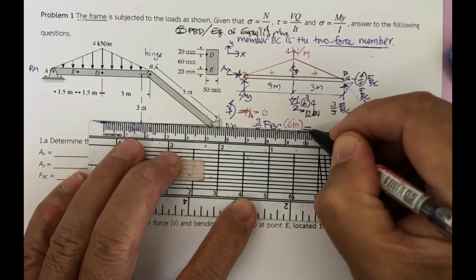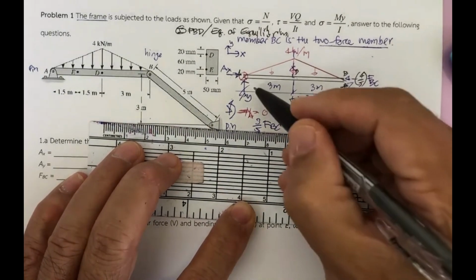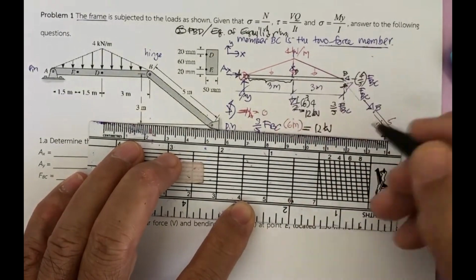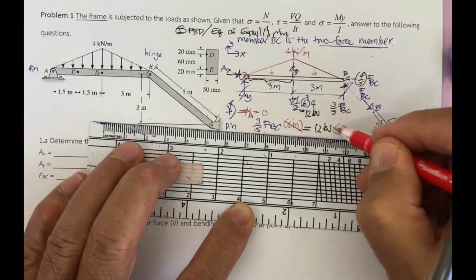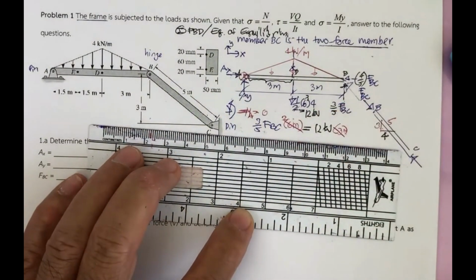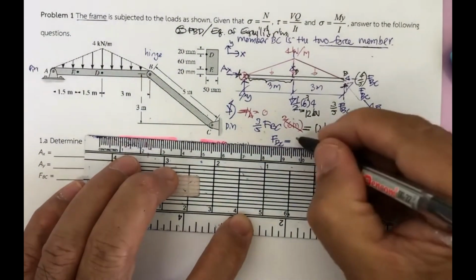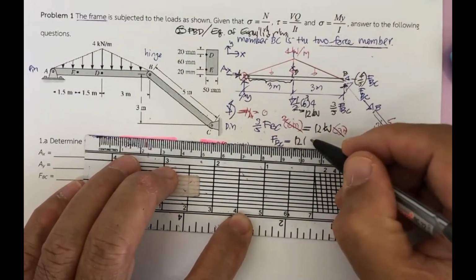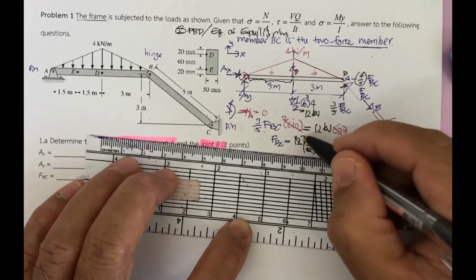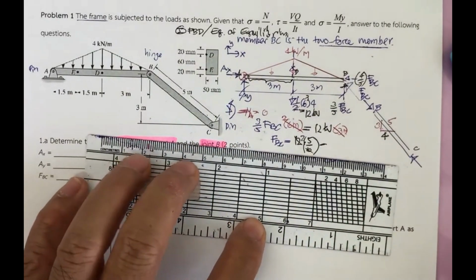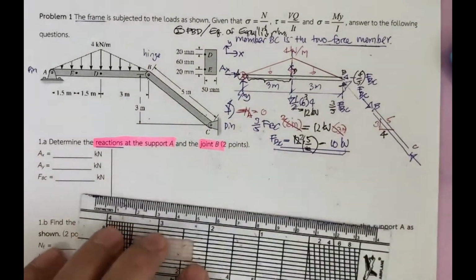And this 12 kilonewton is 3 meter from point A, so it's going to be times 3 meter. So this one cut, this one to be 2. And then our F sub BC is equal to 12 times 5 on top and then divided by 6, and then this one cut, you're going to get 10 kilonewton. So the first one we obtain, F sub BC is 10 kilonewton.